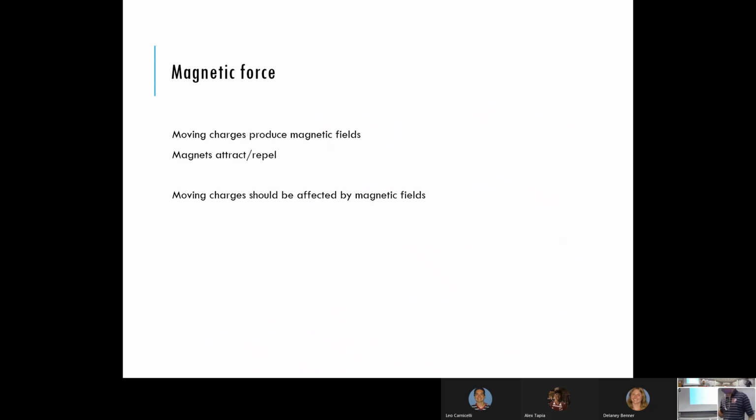So first off, not only do we use the right hand rule to find the direction of a magnetic field produced by a moving charge, but we will also use the right hand rule to find the direction of a force that a magnetic field exerts on a moving charge. So we can double. Right? Moving charges create magnetic fields, the direction of which we can find with the right hand. Okay? Magnetic fields exert forces on moving charges. The direction of that force we will also find using our right hand rule. Okay, so that's how we'll find the direction.